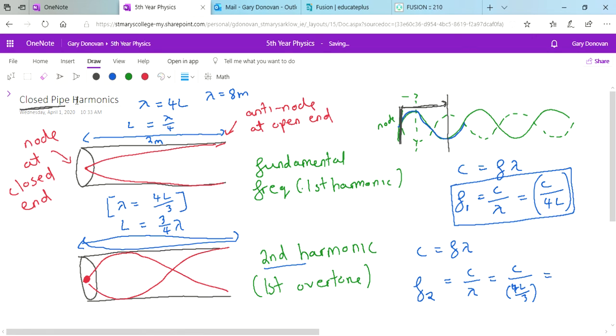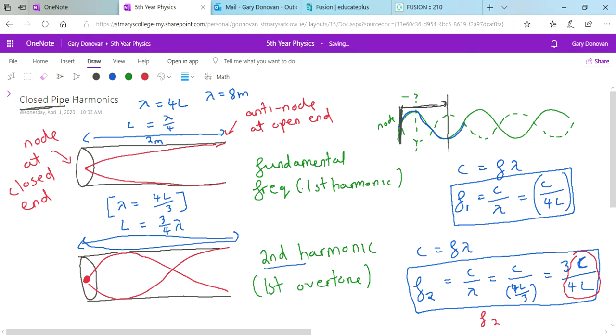You can rewrite that as 3 times c over 4L. Why am I doing this? If you look at this equation for f2 and compare it to the first equation for f1, this bit here is the same as f1, c over 4L. So we could rewrite this and say f2 equals 3 times f1.